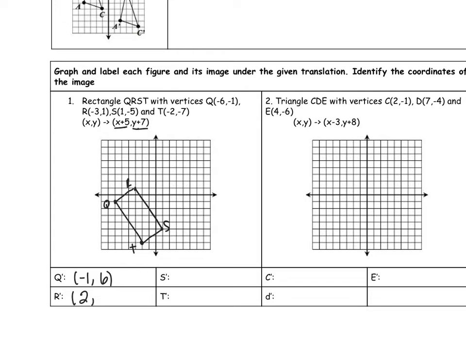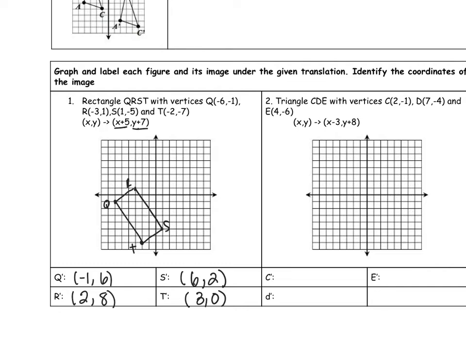We're going to add 7 to 1, and that gives us 8. S. We're going to add 5 to 1, and that gives us 6. We're going to add 7 to -5, and that gives us 2. We're going to add 5 to -2, and that gives us 3. And we're going to add 7 to -7, that gives us 0. So those are our new points, and I'm going to graph those in red.